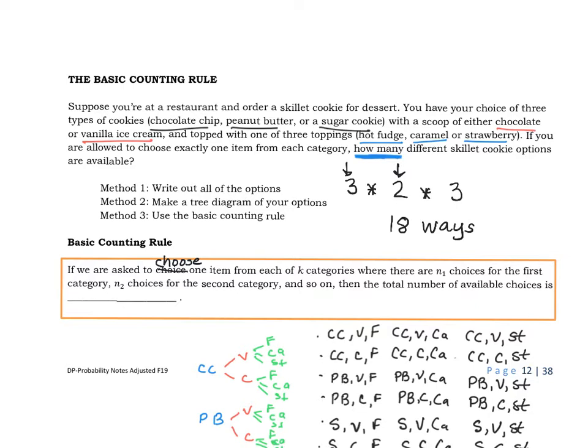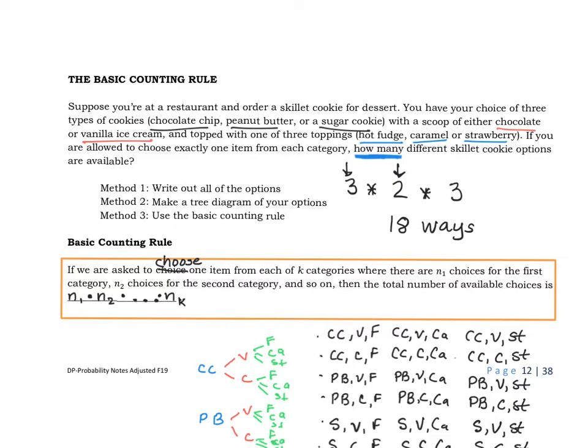Then the total number of available choices is n sub 1 times n sub 2 times, and so on, through the K categories. What we're going to do is just multiply all those choices in each category together. And that's it for the basic counting rule.